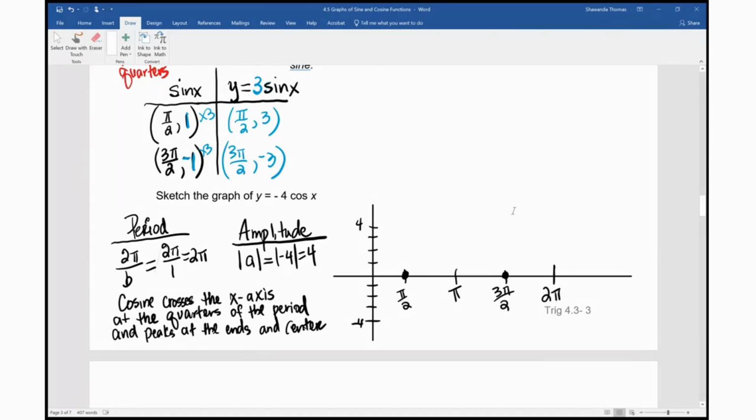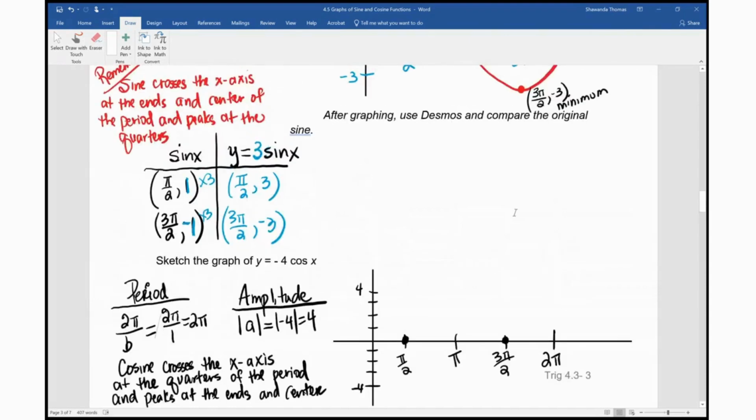So let's think about regular cosine x. The points that we did not plot are 0, pi, and 2 pi. So for the original cosine x, when we have 0, what is cosine of 0?